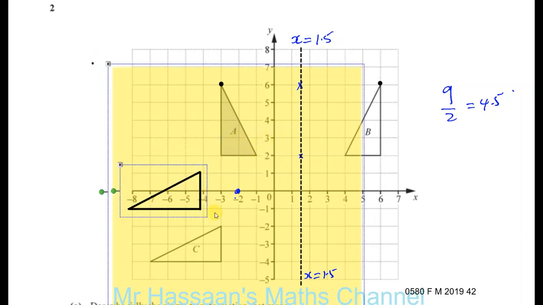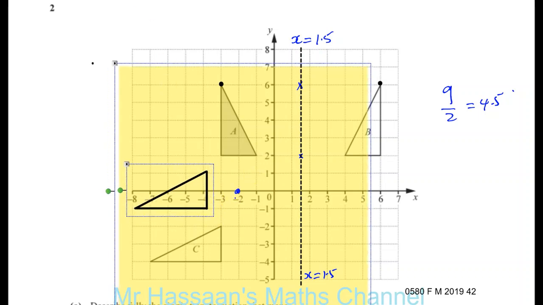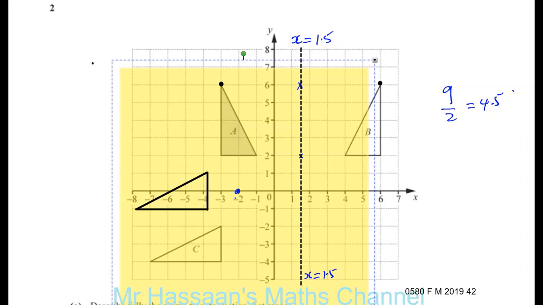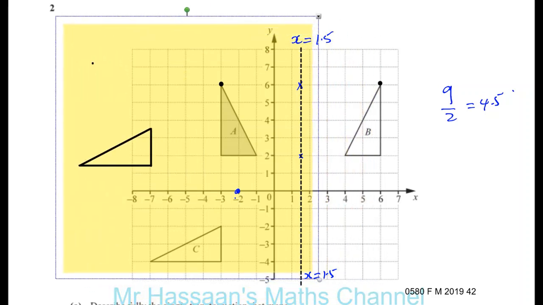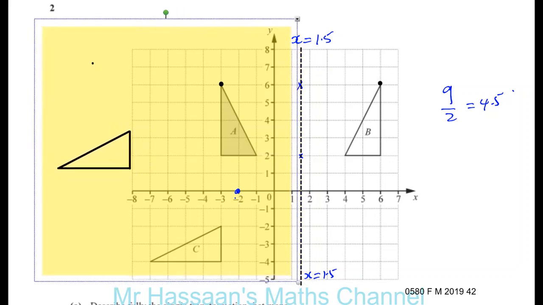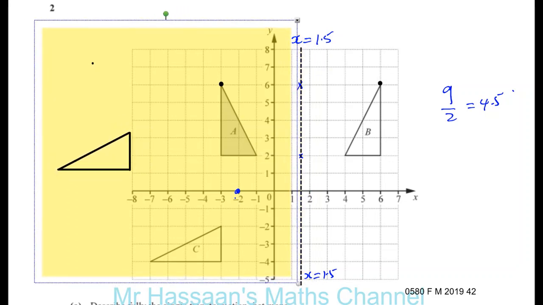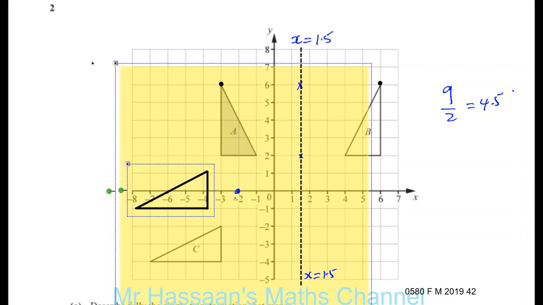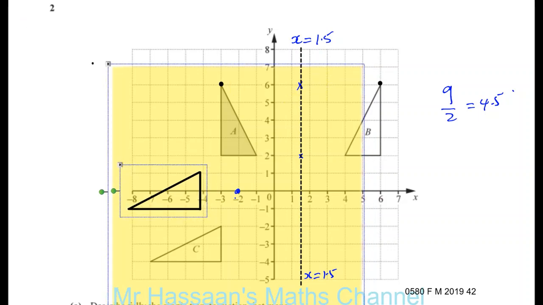I'm going to choose a point now which is further to the right. So let me ungroup this. Why does it not ungroup?